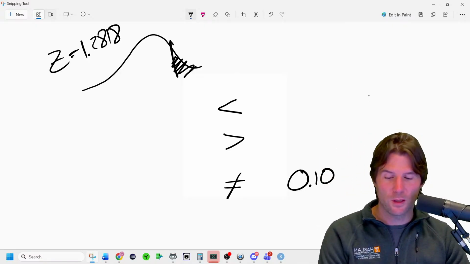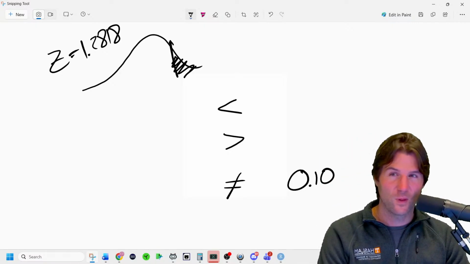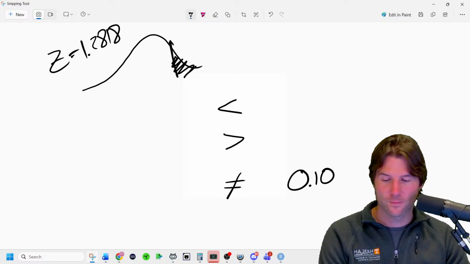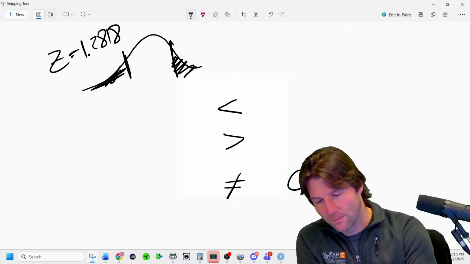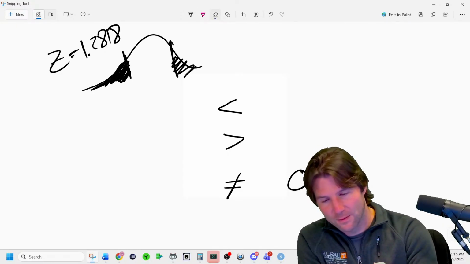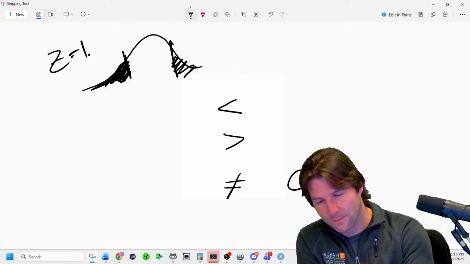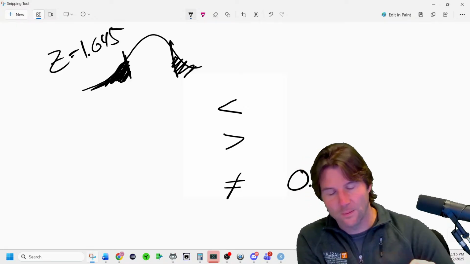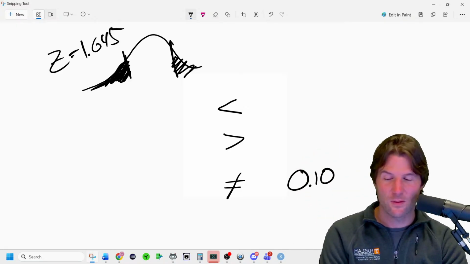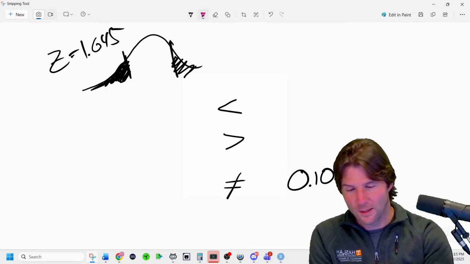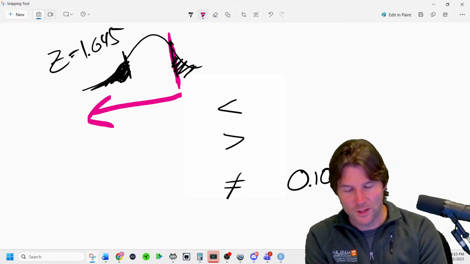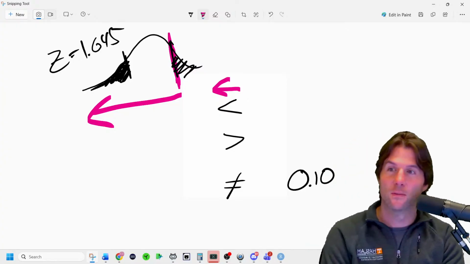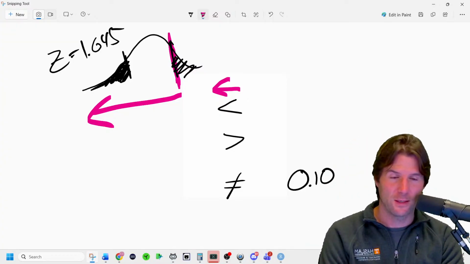So what would be the less than p-value? Be very careful. Does anyone know the less than p-value? So you landed right here. So you have to think for this one, what is the area to the left of it? How would you get that?